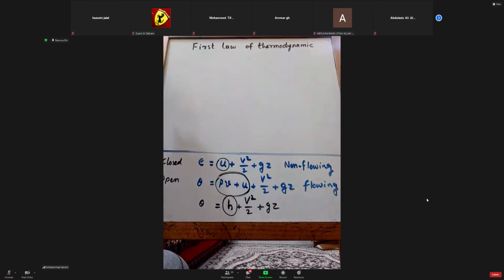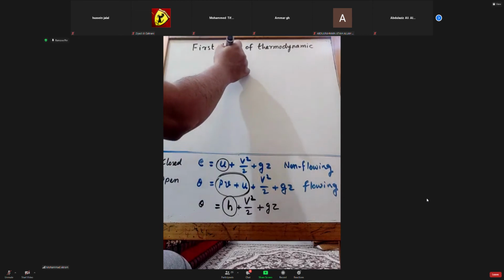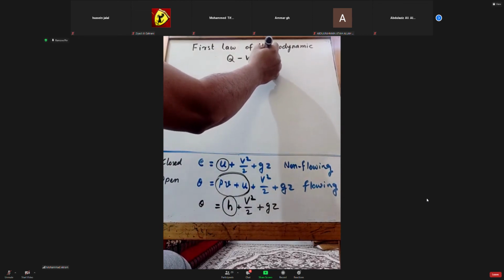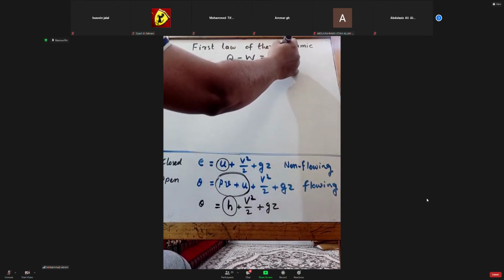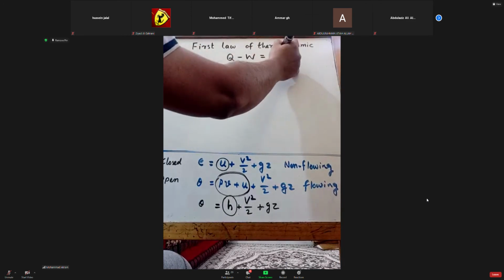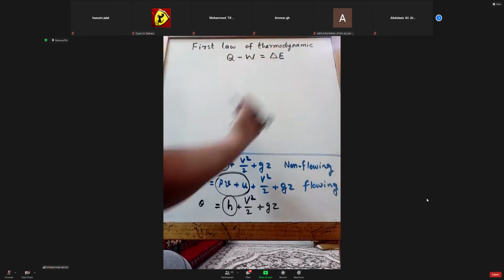First law means first law of thermodynamics, and it says that Q minus W is equal to delta U or delta E, that is the total energy.